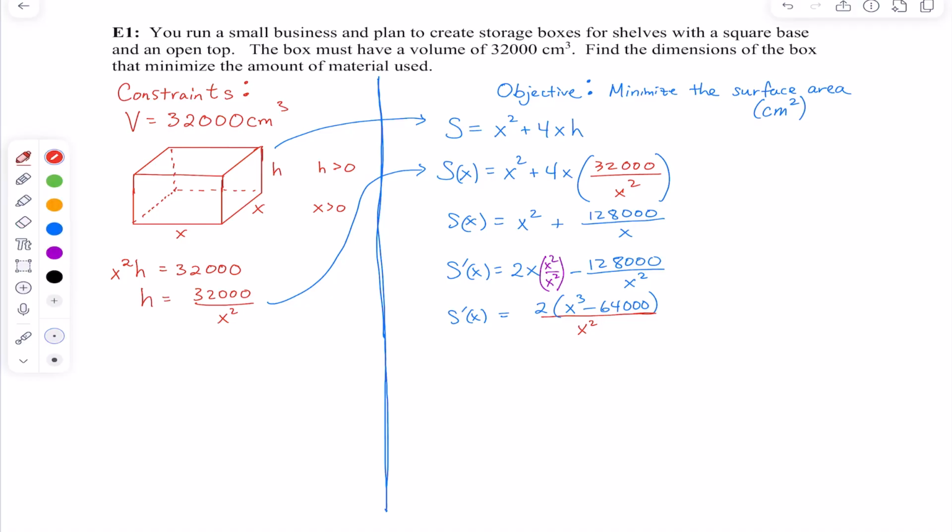And we want our first derivative in factored form. That is the difference of two cubes. Factors rather nicely. You just need to know your difference of two cubes formula.